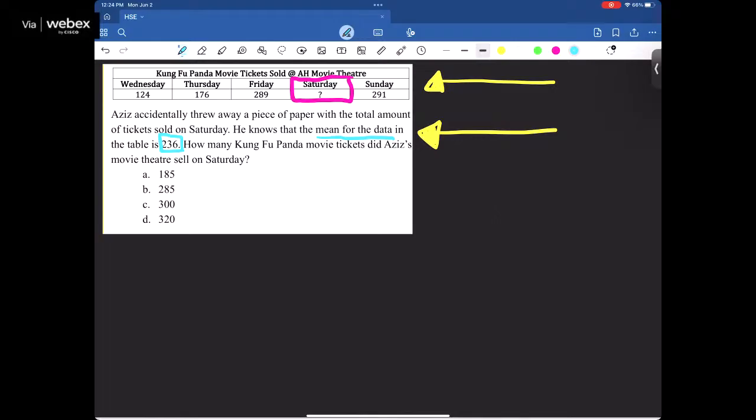How many Kung Fu Panda movie tickets did Aziz's movie theater sell on Saturday? This can actually happen in real life, where you have the average, but you need to work backwards to find a number. So let's work through how we would find this missing data when the average is given.